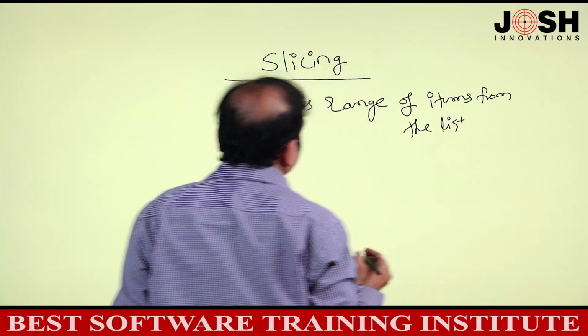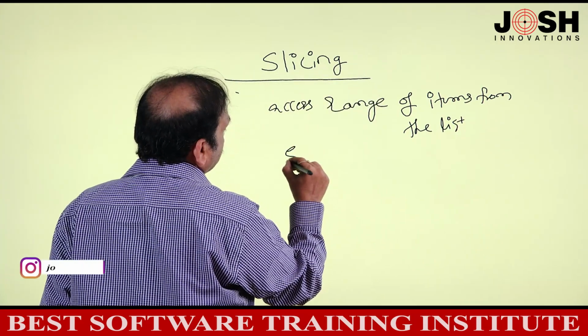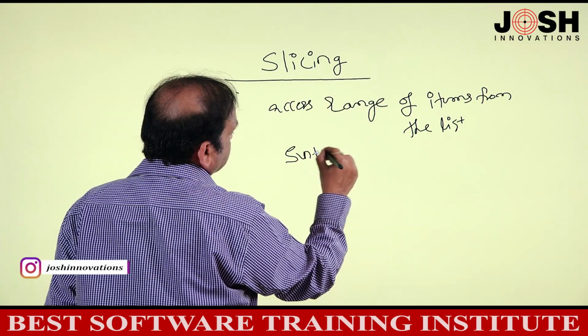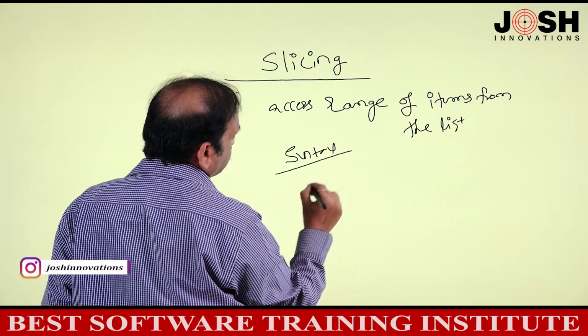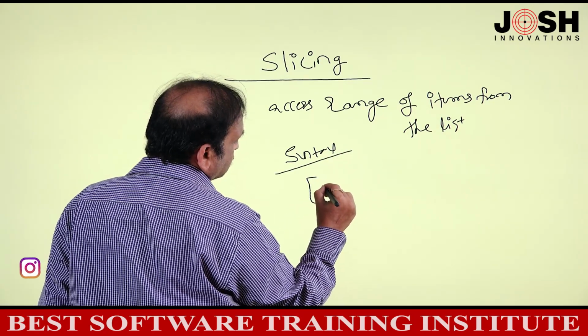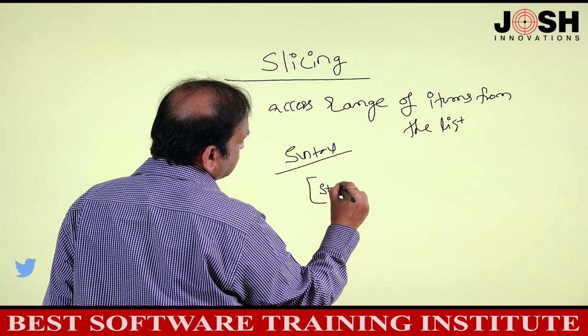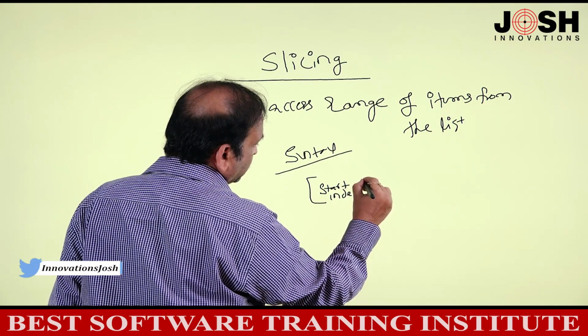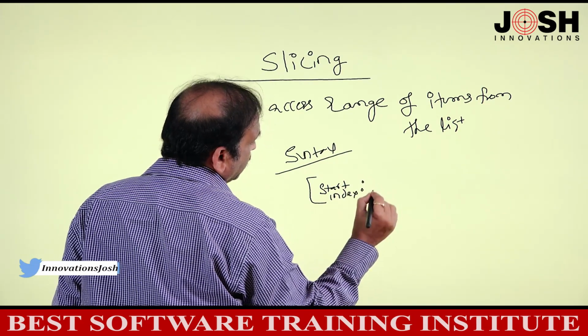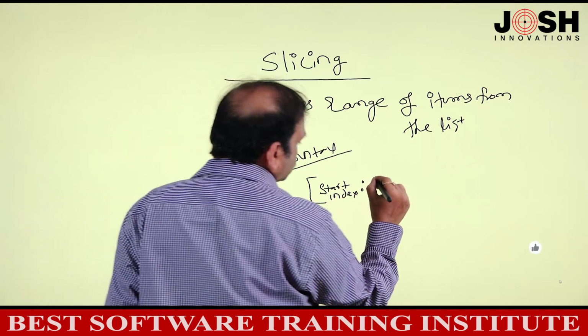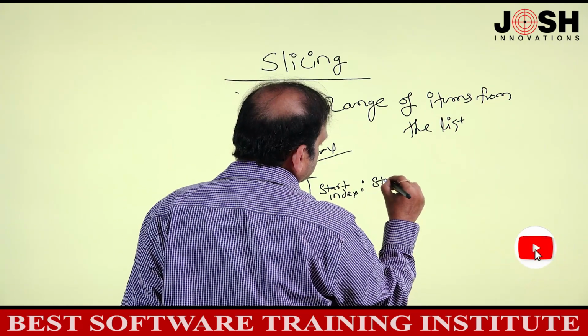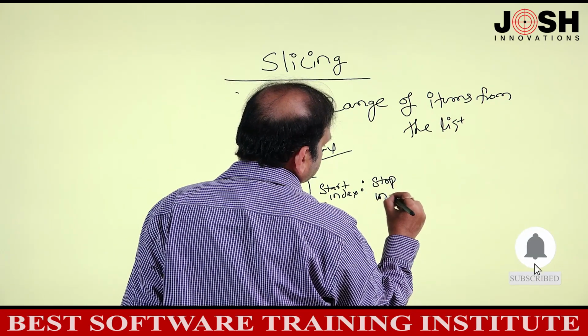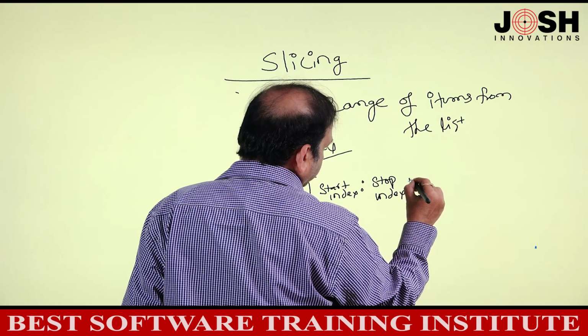And what is the syntax? Now we will see the syntax of slicing. The syntax is brackets, start index, colon, it is not comma, it is colon, stop index, colon, step.